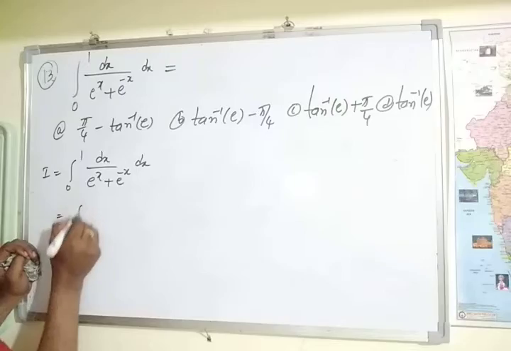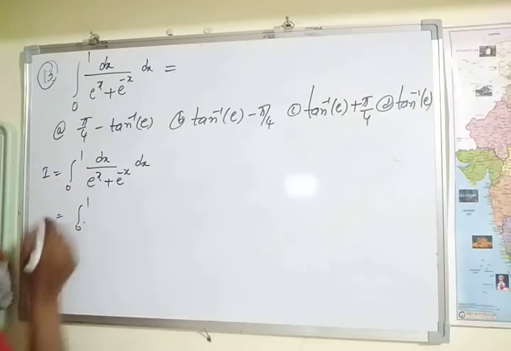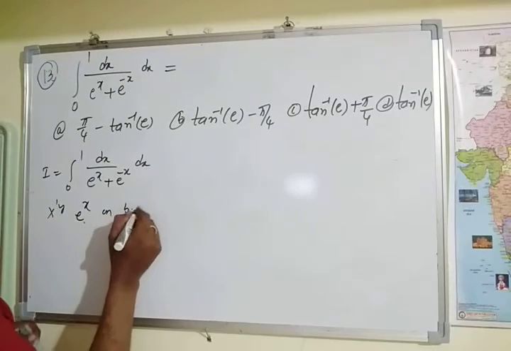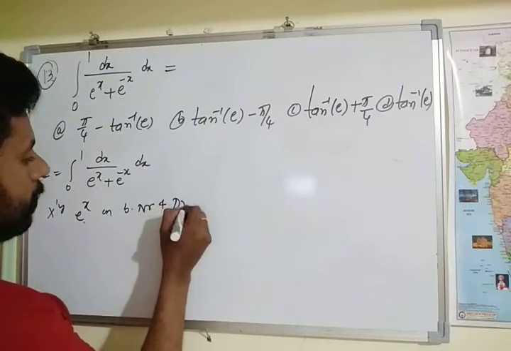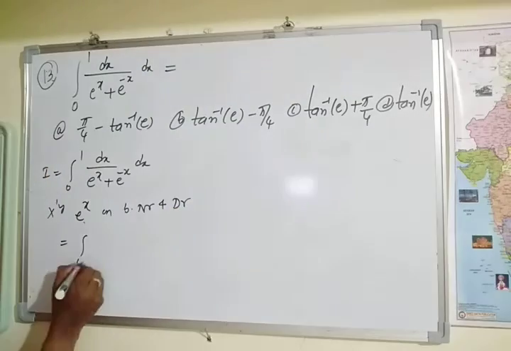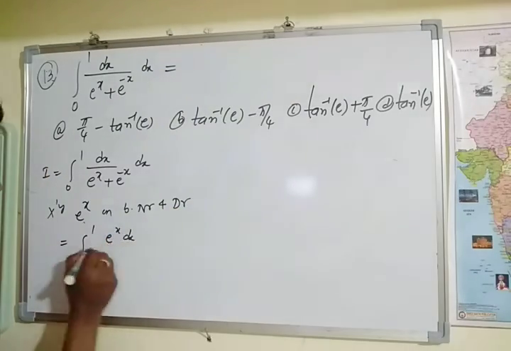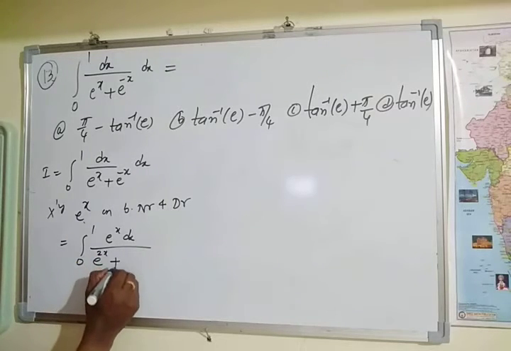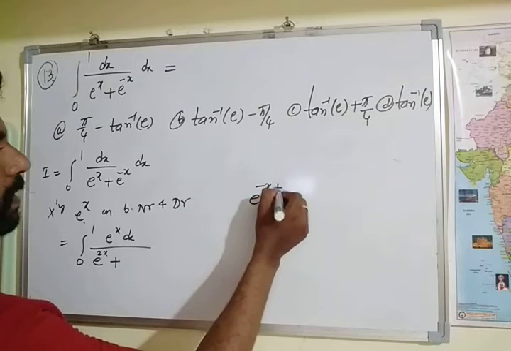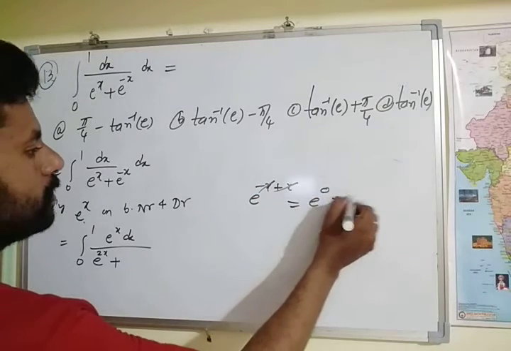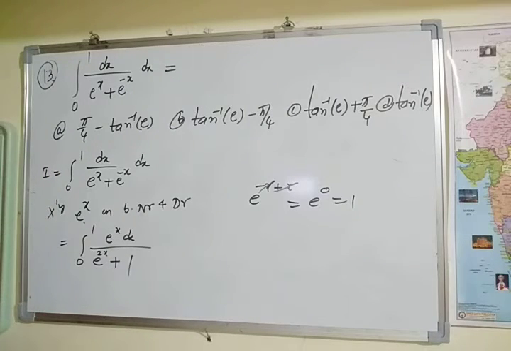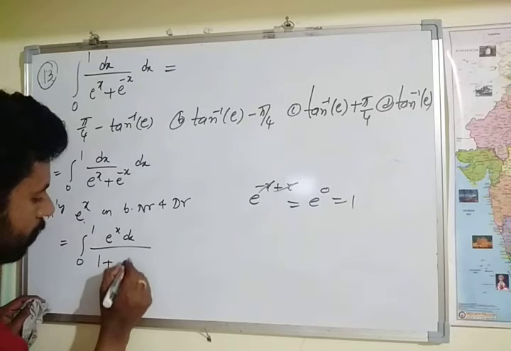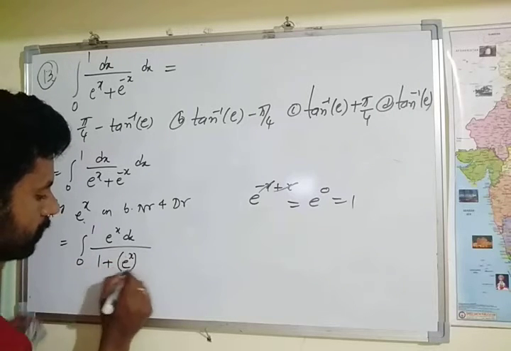We get the integral of 0 to 1 e to the power x dx divided by e to the power x into e to the power x, which is e to the power 2x, plus e to the power minus x plus x, which gets cancelled. E to the power 0 is equal to 1. Or we can write 1 plus e to the power x whole square.